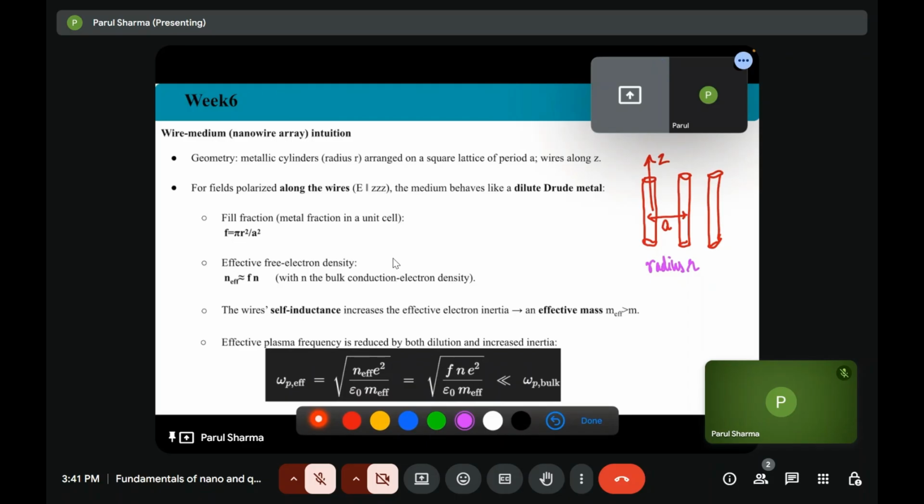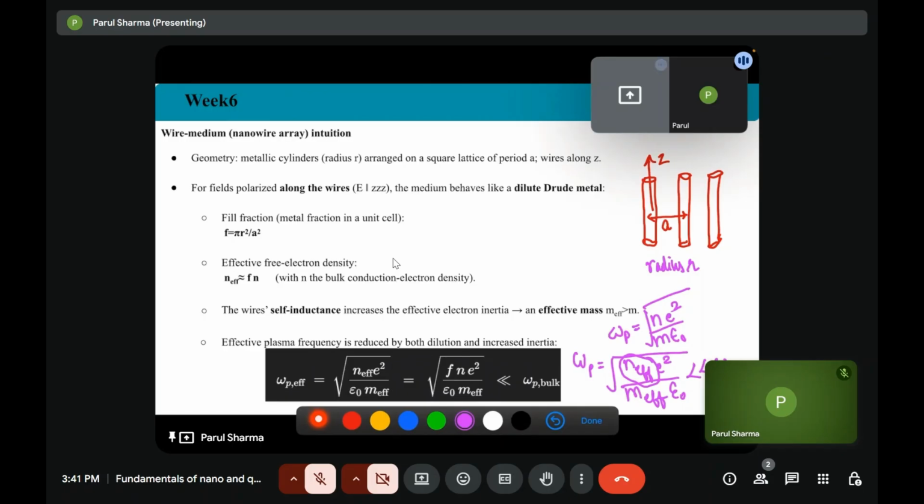Earlier for bulk we had omega p squared equal to n e squared over m epsilon naught. So here it will be omega p effective squared equal to n effective e squared over m effective epsilon naught. Here we will substitute n effective equals fill fraction times n, and m effective will be greater than m. So it will be very much lesser than the plasma frequency in bulk.